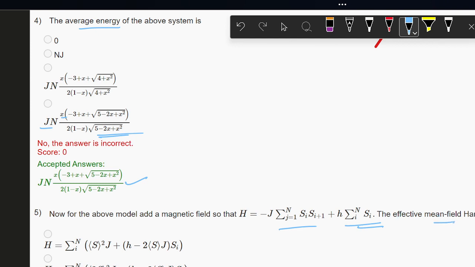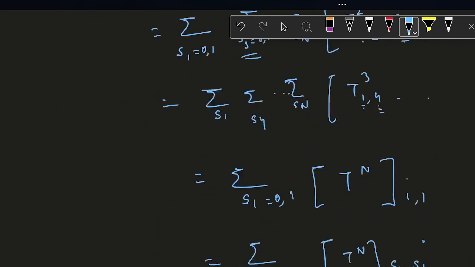So you have to use the mean field approximation. You have also learned about this from your lectures, the mean field approximation, what it means, but we have to apply this here in the problem. Okay, so let us write it down.